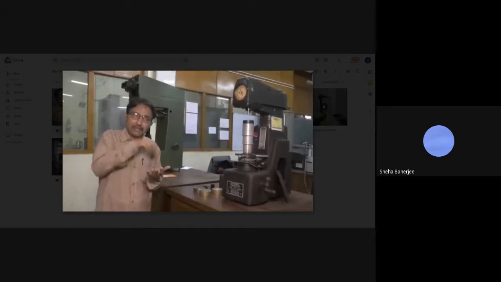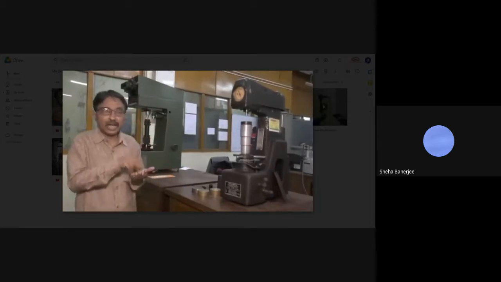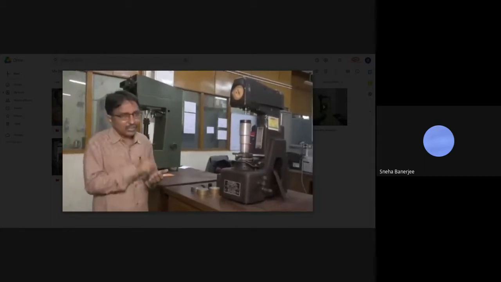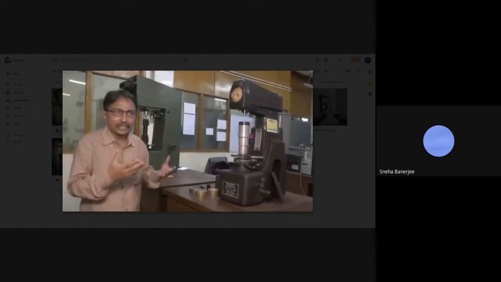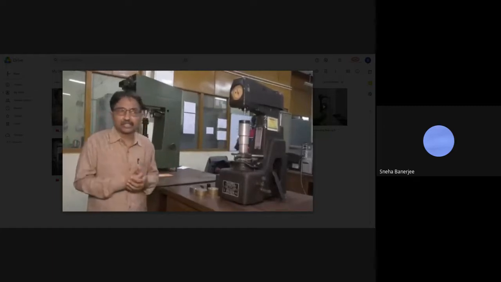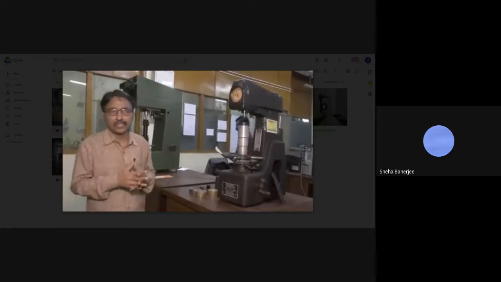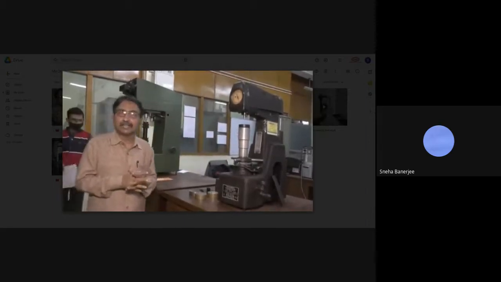If it is so, I must give some load that will cause that localized plastic deformation. If the load is in excess of 1 kg, 2 kg, 5 kg, 10 kg, or maybe 100 kg, or 1000 kg, we call those experiments macro hardness tests.